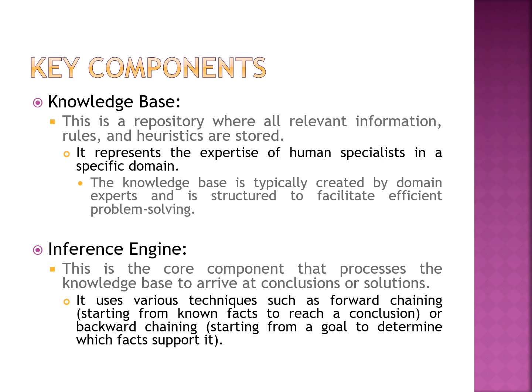All this will be stored in the knowledge base in the form of if-then rules. We have several facts described in some form. It represents the expertise of a human specialist in that particular domain, and it is structured to facilitate efficient problem solving. The raw knowledge collected from the environment or from the human experts will be structured to facilitate efficient problem solving.